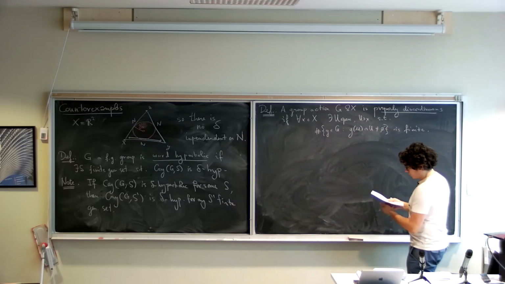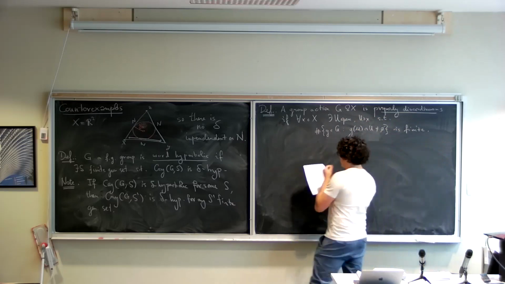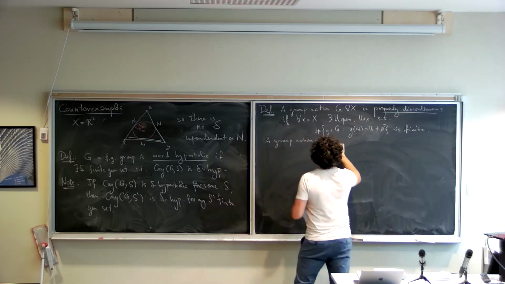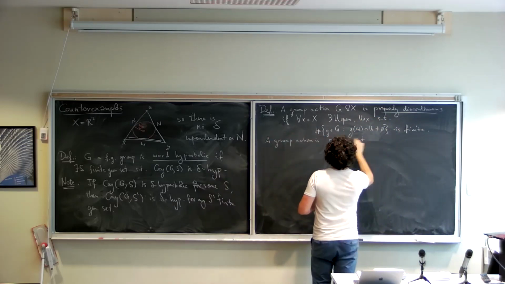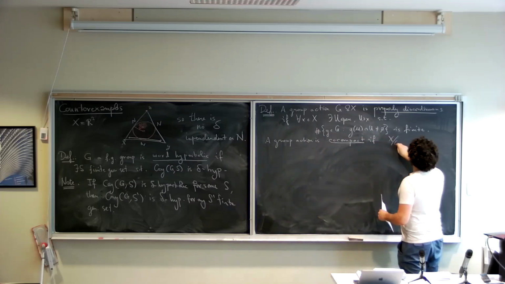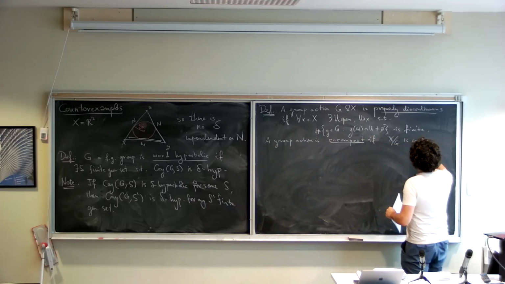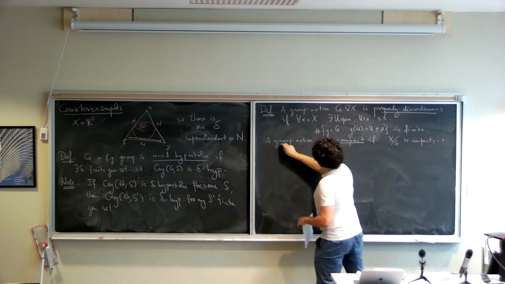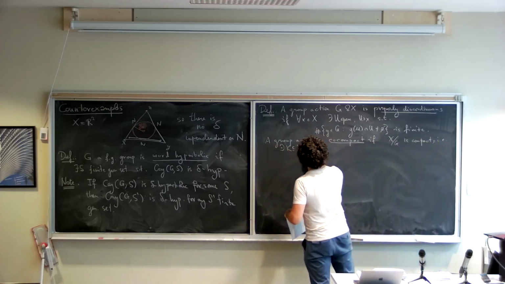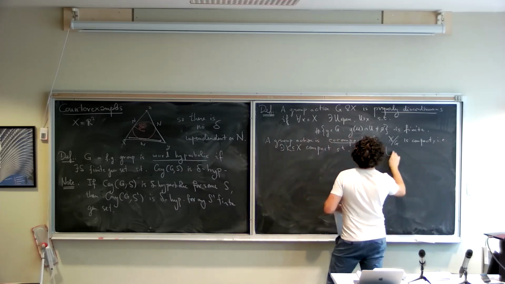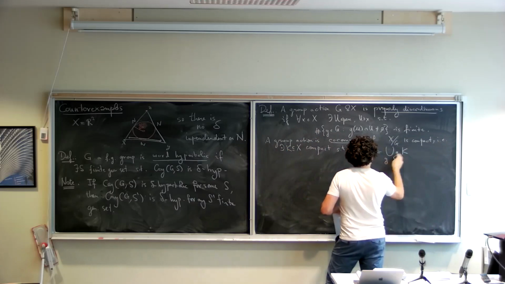And a group action is co-compact if the quotient X mod G is compact. Otherwise said, there is a compact set K in X such that X is the union of all the translates of K by G. Okay.